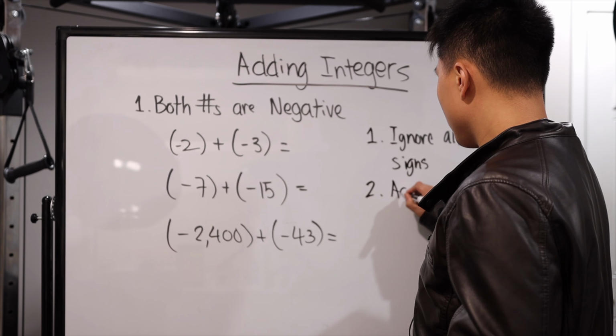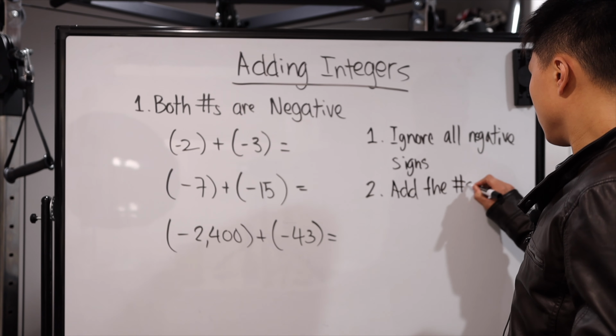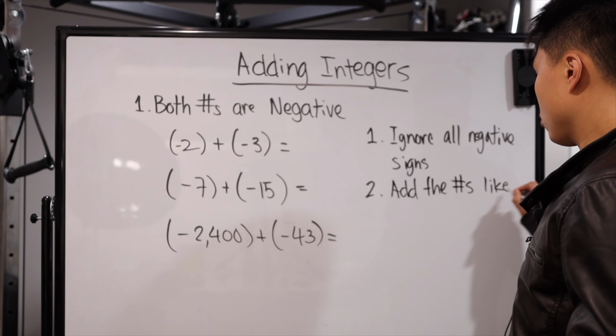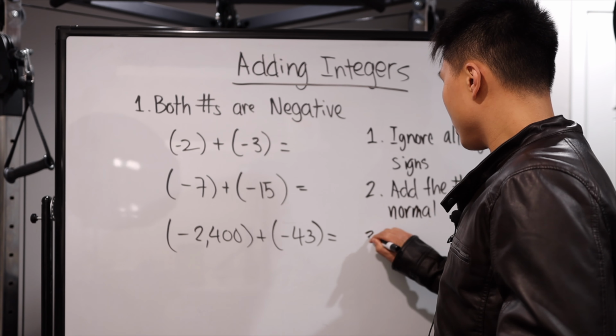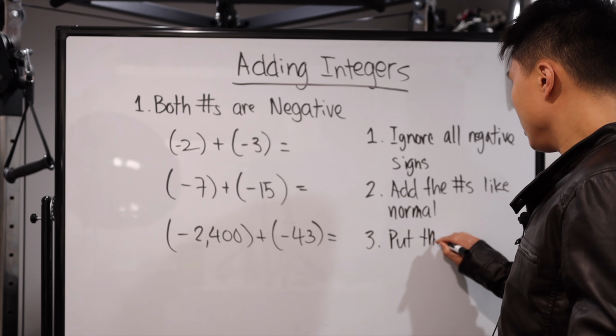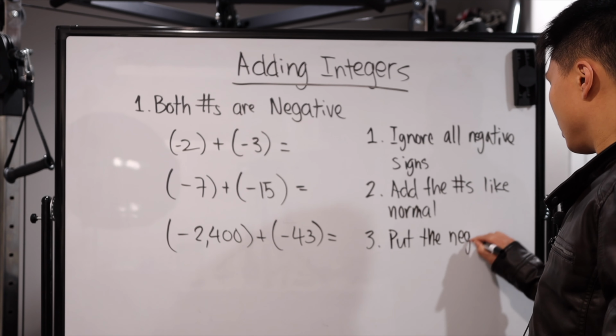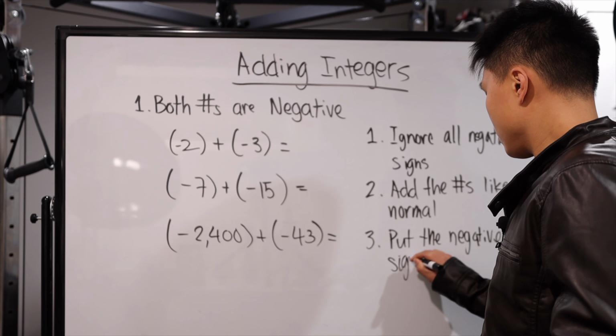Secondly, add the numbers like normal. Normal positive, if that makes you feel better. And the third one is then put the negative sign on the answer.